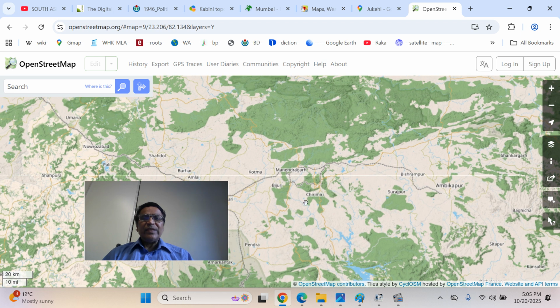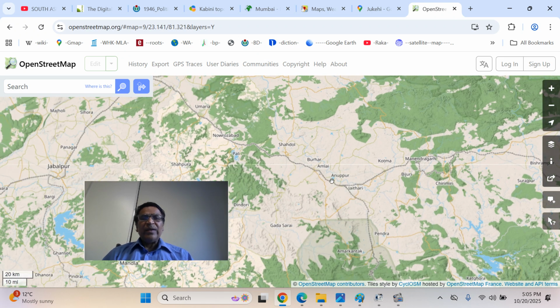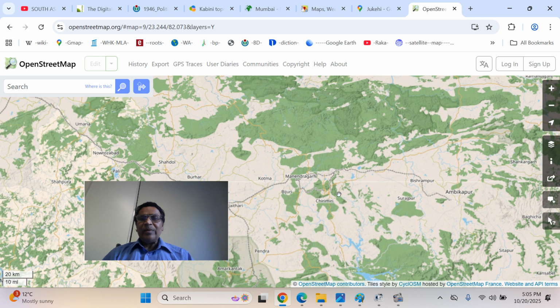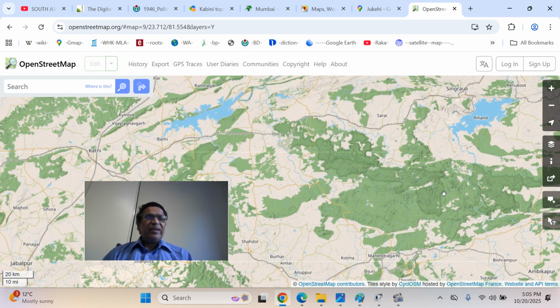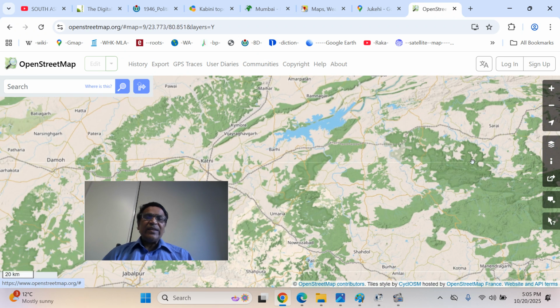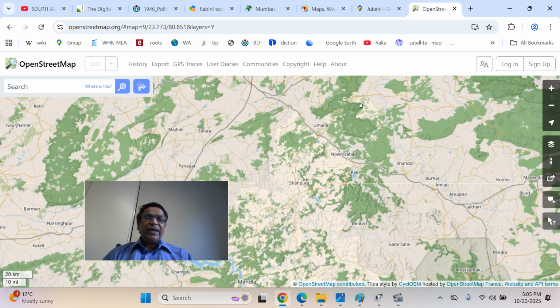So this is Devgarh Hills, Manendragarh, this Devgarh Hills. And this is the Sohagpur near Shahdol, is the basin. You can see the basin here and Ambikapur Basin here. This is the plateau here. And Kaimur Hills here. Murwara Katni Basin, the Jukehi railway line gap.